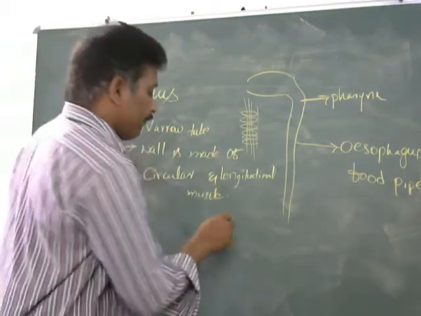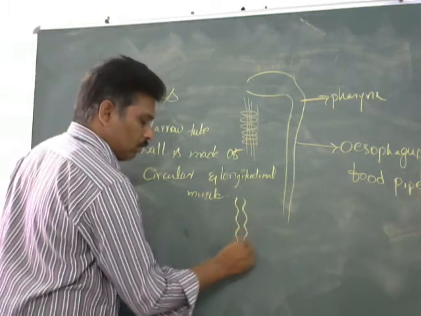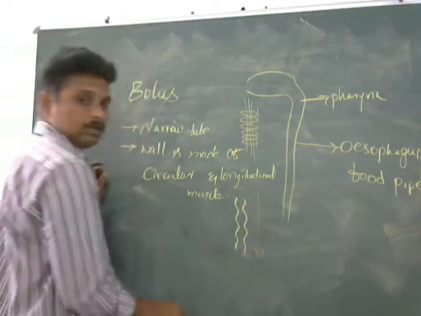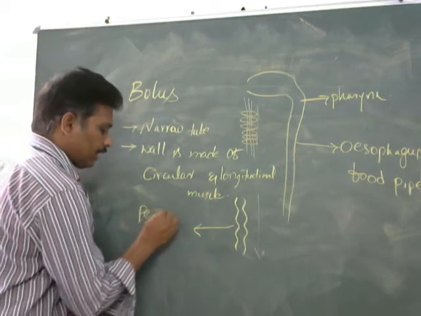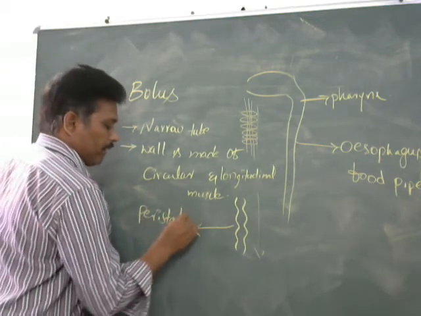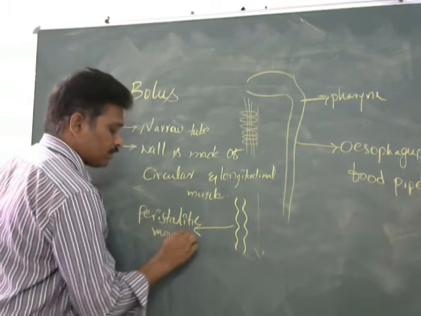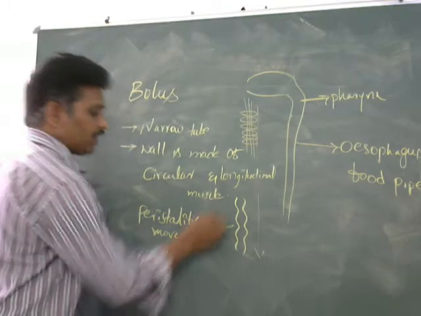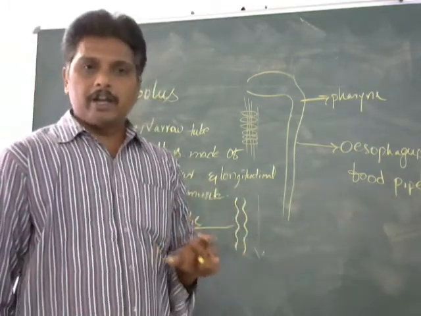that gives a wave-like appearance, which runs downwards from top to bottom. This is called peristaltic movement. Usually these peristaltic movements are not seen along the length of the esophagus when we are not eating food.